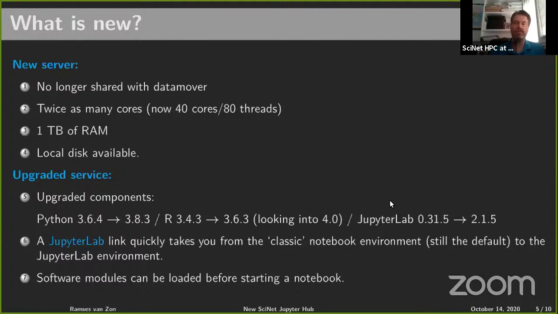The JupyterLab environment, which is an alternative to using the Jupyter notebooks, was still in beta phase at the time that we installed the previous JupyterHub. It was at 0.31.5, and it's now at a very stable 2.15. So there's all kinds of niceties that come with that environment.